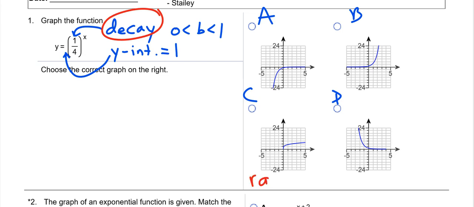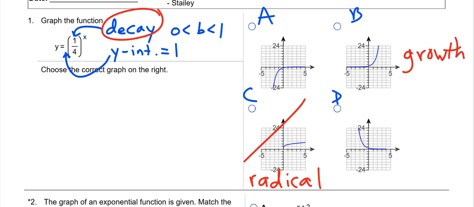C looks like a radical function, so that is definitely a bad choice. B looks like exponential growth. D is the only one there that is exponential decay.